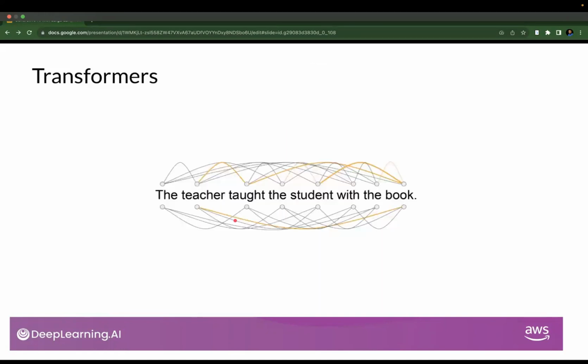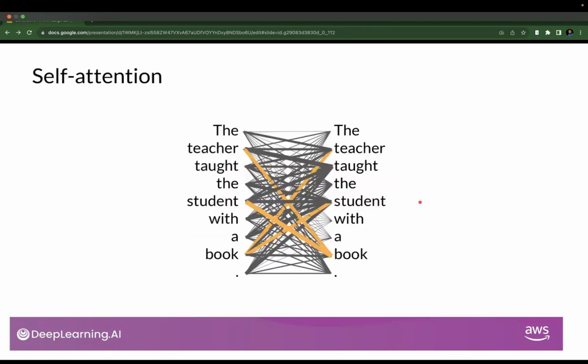What happens in self-attention is it tries to find which two words are the most similar in a given context. For example, if we have a sentence like "the teacher taught the student with the book," after the self-attention, teacher will most likely be connected to book, and student as well. Teacher and student will have a greater similarity with the book. This is something the model learns during training, which pairs of words have higher similarity than others.